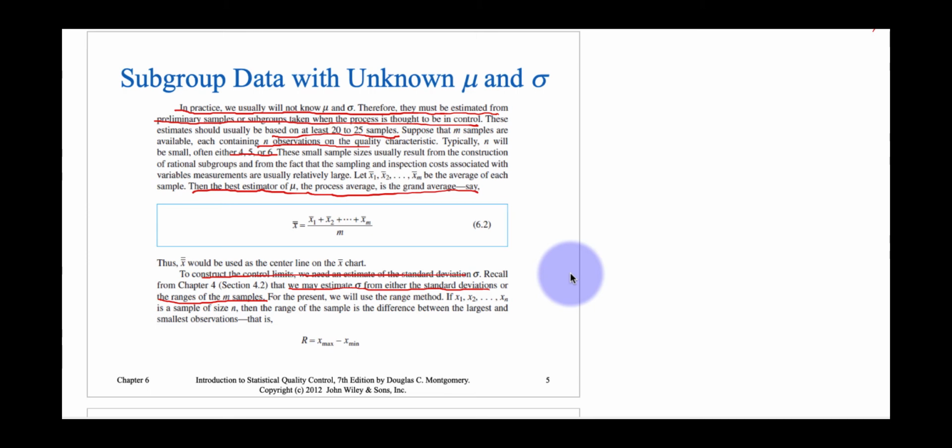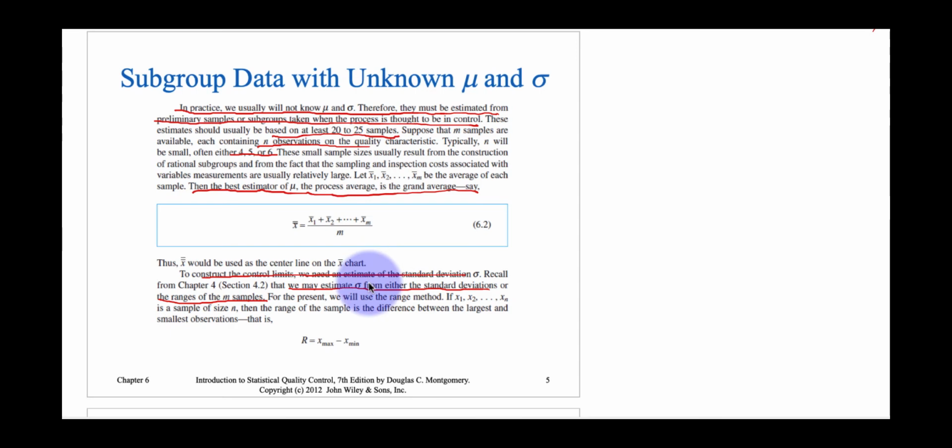Let's say that we can take some samples, 20 to 25 samples, and each sample must have like 4 to 6 observations, measurements, okay? So we are going to take the average of the sample averages, and it can be calculated this way. It's just an average formulation, right?